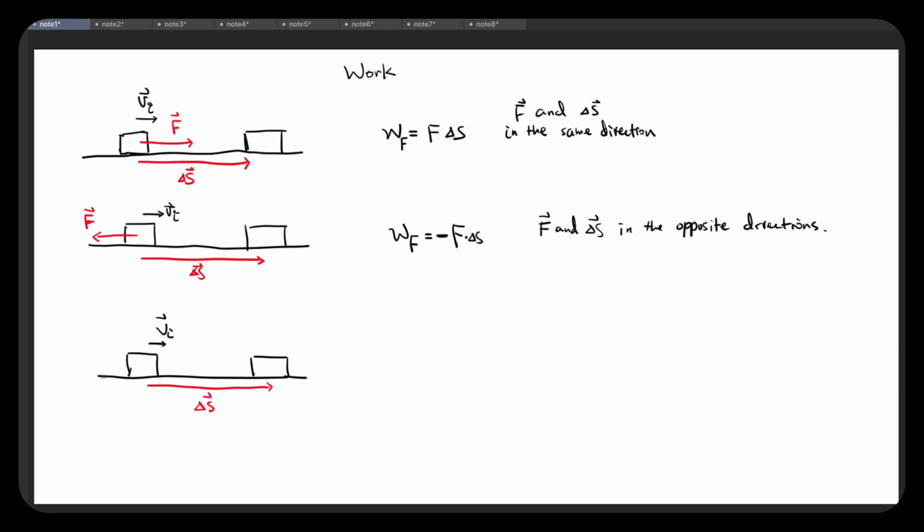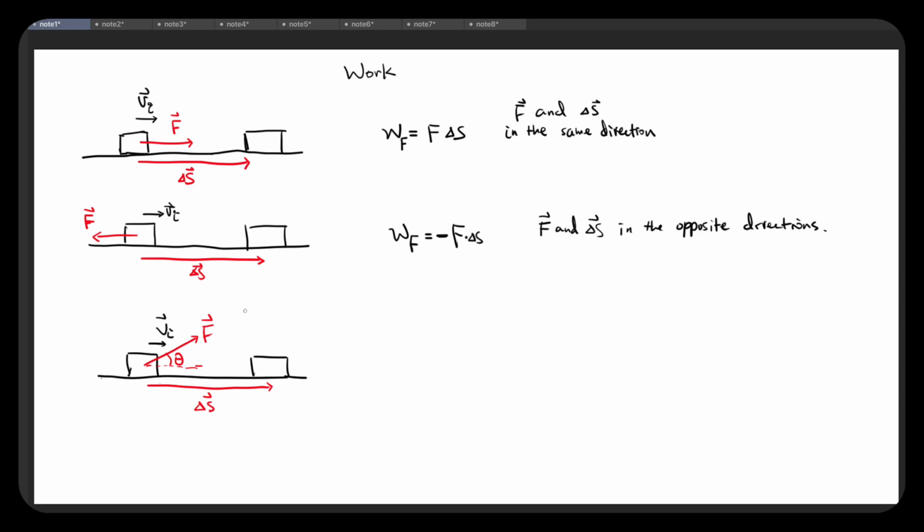But now the force is not in the same direction as the velocity or in the opposite direction. It's actually at some direction that makes an angle, let's say theta, with the displacement.